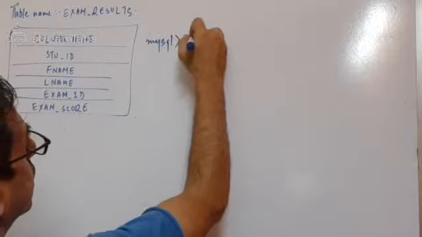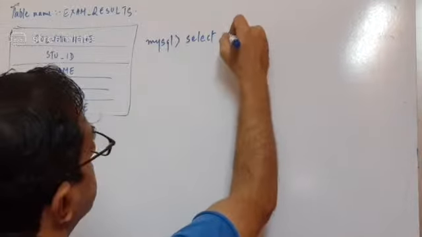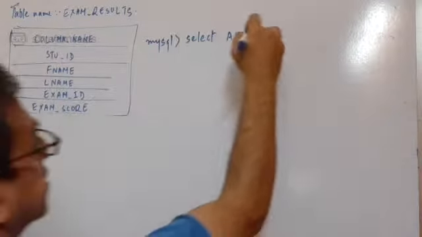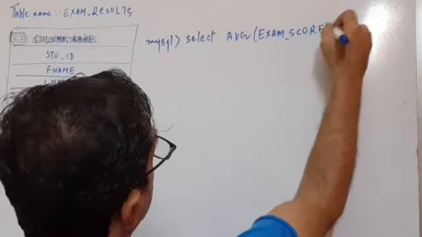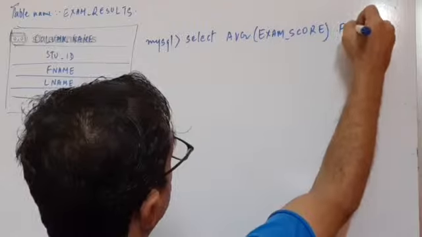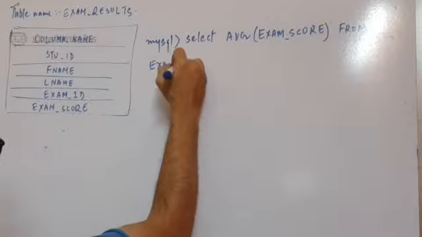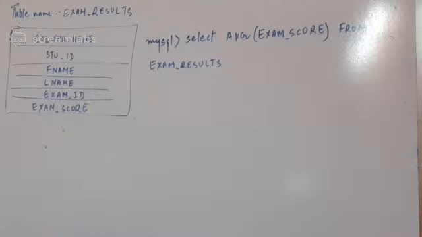So select AVG exam_score from the table name, which will be your exam_results, where exam_ID equal to 1.